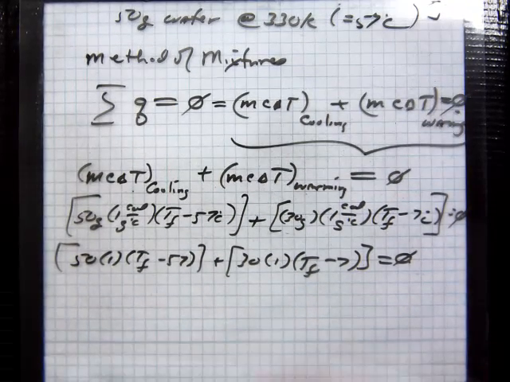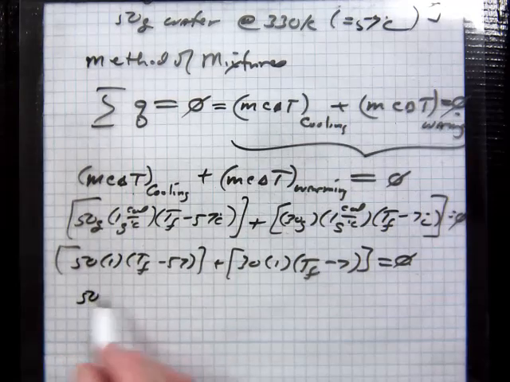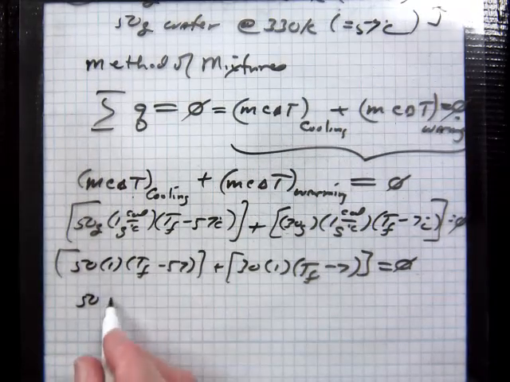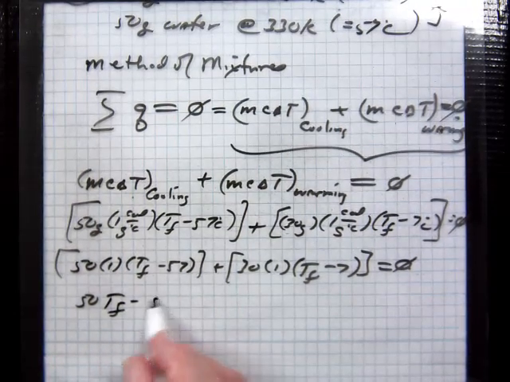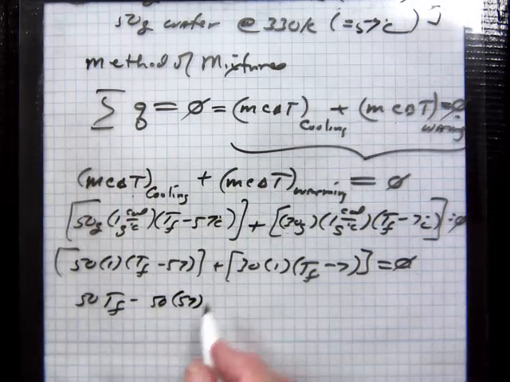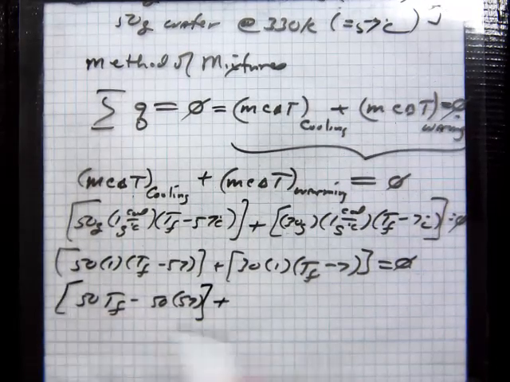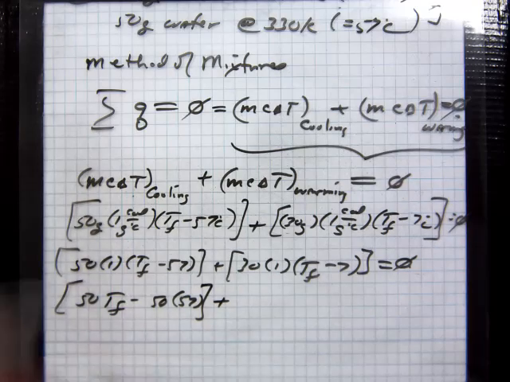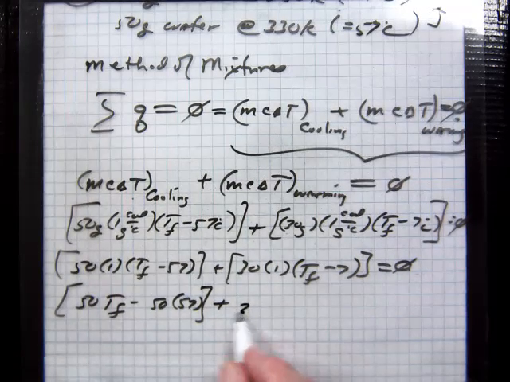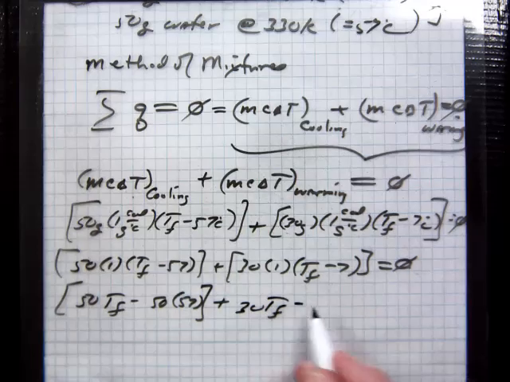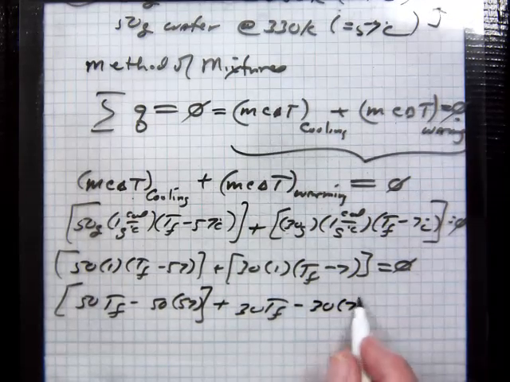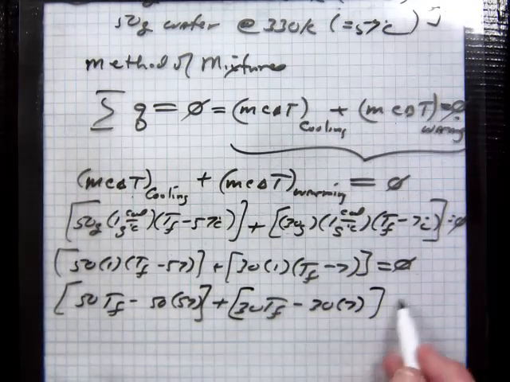And so now I start simplifying. I have 50 TF minus 50 times 57 plus, I'm going to keep the brackets in there so we don't get lost in the units, in signage. So this is 30 TF minus 30 times 7. Bracket that off, and it says 0.